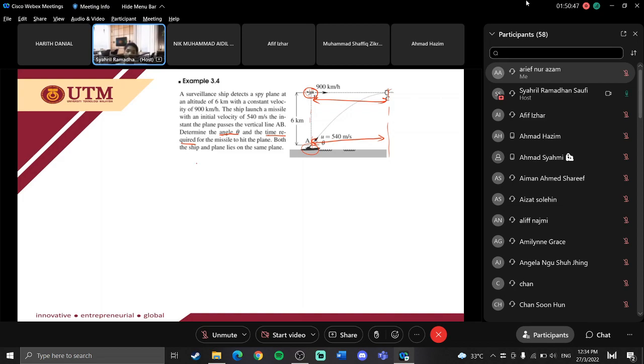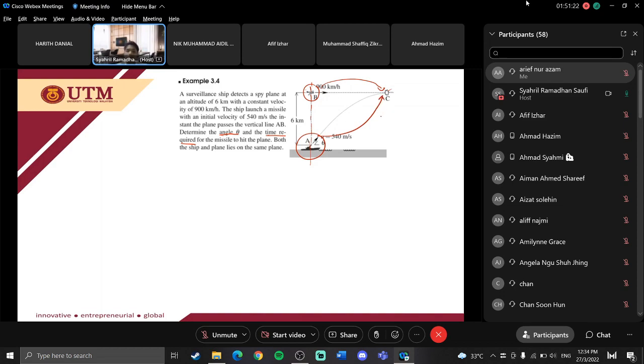The time taken, since they are on the same line, the line of B and A. Another relationship that you can obtain is the time. Since they are on this line AB, the time taken for the plane to reach this point C and the time taken for the missile to reach this C should be the same.